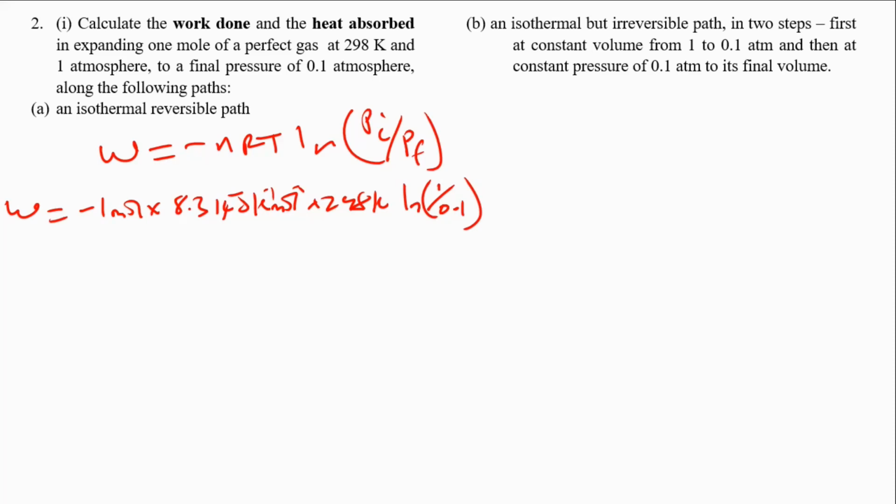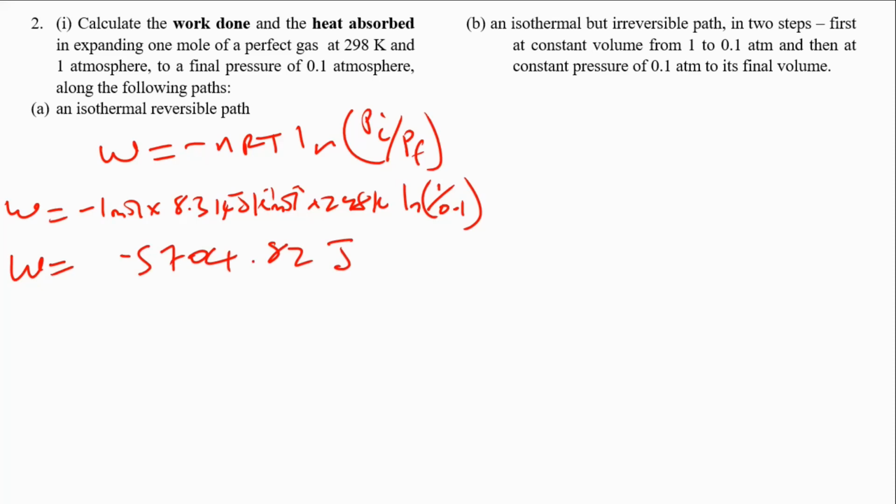If you do carry out this conversion, you will come back to the same thing, and you can check it. Don't forget the minus sign, which is naturally in the formula. After your calculations, the work will come down to be something like minus 5704.82. That is what I got.